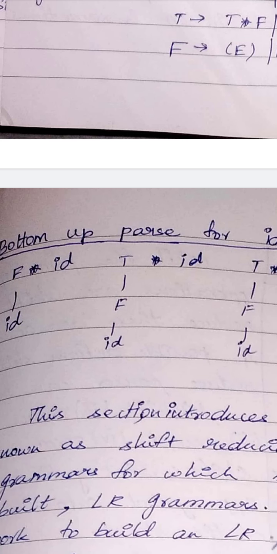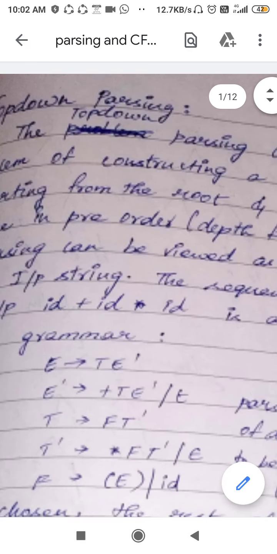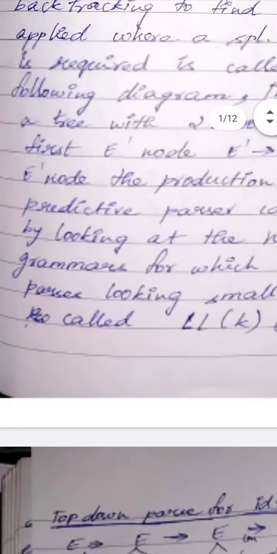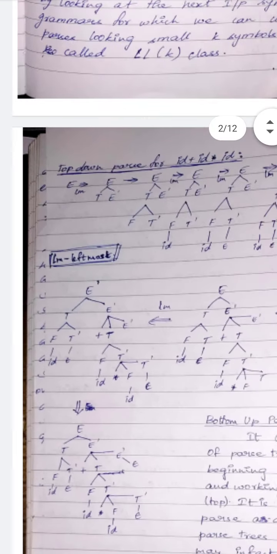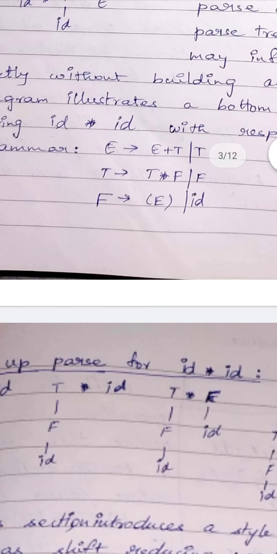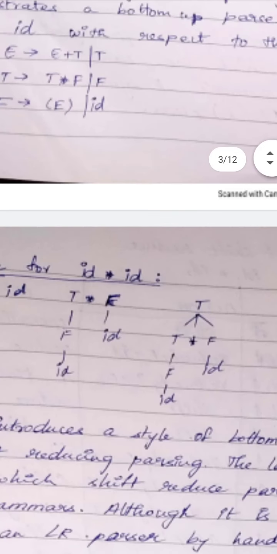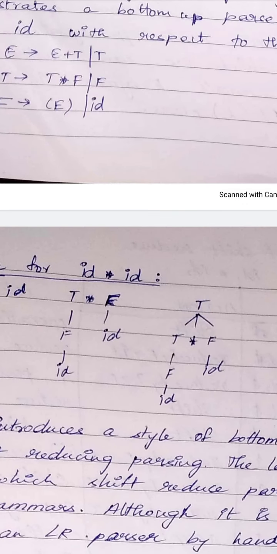Further, one more reduction we are going to do, where capital F will be converted into capital T. So we use the second production, where F will be reduced to capital T. Similarly, we keep reducing, and finally we reach the start symbol.